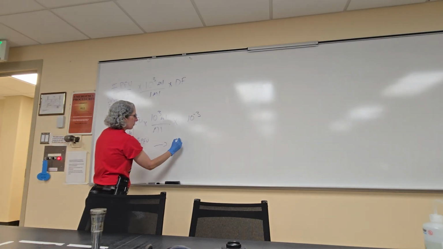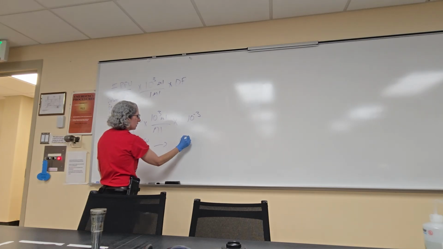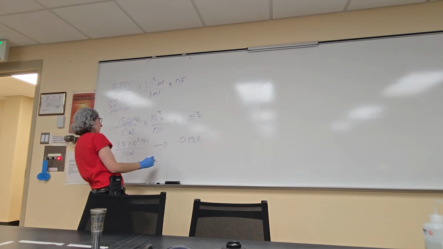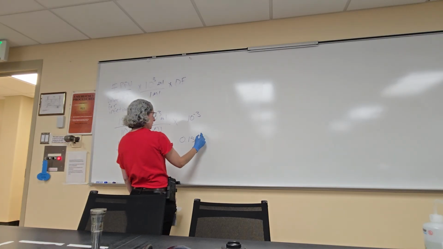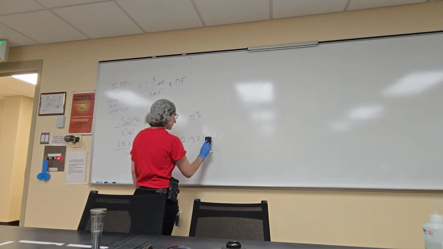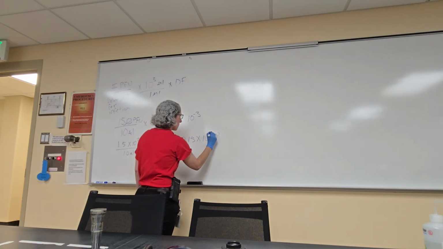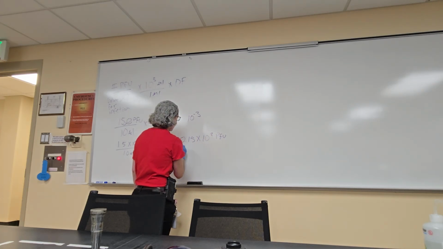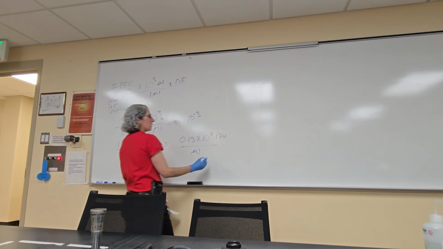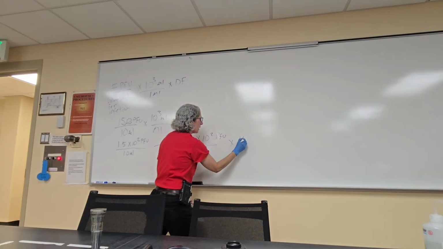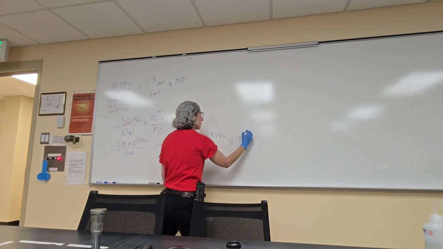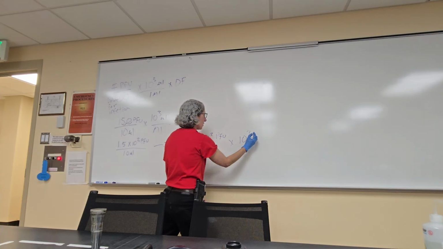We're going to have 0.15 times 10, I'm just going to leave this as the 10 to the 2 just for now, PFU per microliter, and then we're going to multiply that by the 10 to the 3, which is going to be our conversion.